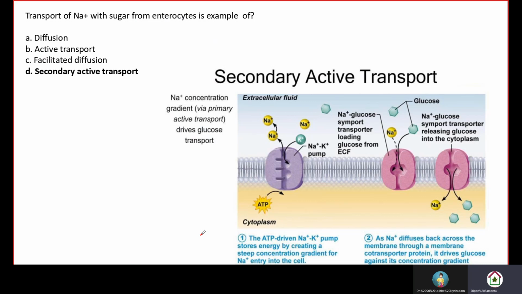The ATP-driven sodium-potassium pump stores energy by creating a steep concentration gradient for sodium entry into the cell. And as sodium diffuses back across the membrane through a membrane co-transporter protein, it drives glucose against its concentration gradient into the cell. So these are the two steps of secondary active transport.